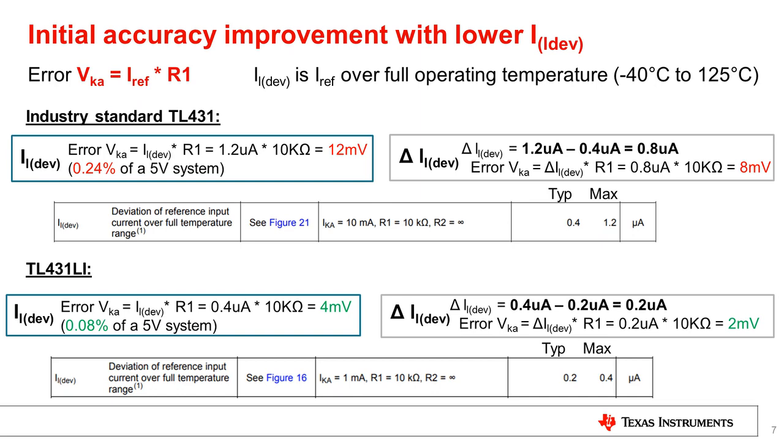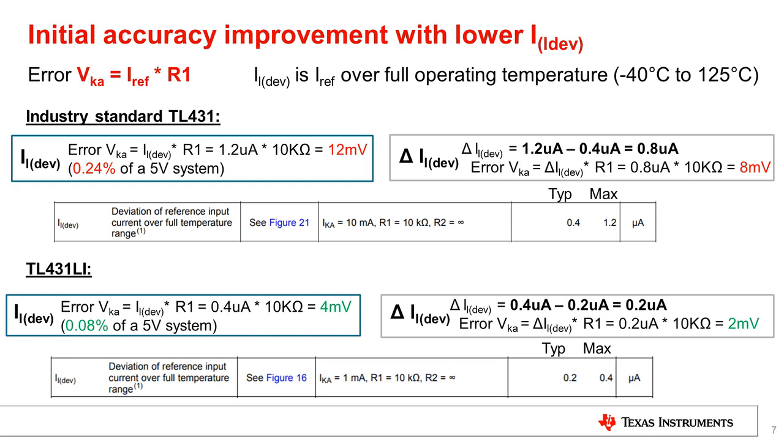IREF can also vary over temperature and is specified in the datasheet as ILDEV. The absolute value of ILDEV, along with its delta, can also affect the output voltage accuracy as the error equation is related to IREF. This error to the output voltage can be minimized if ILDEV along with its delta is small.